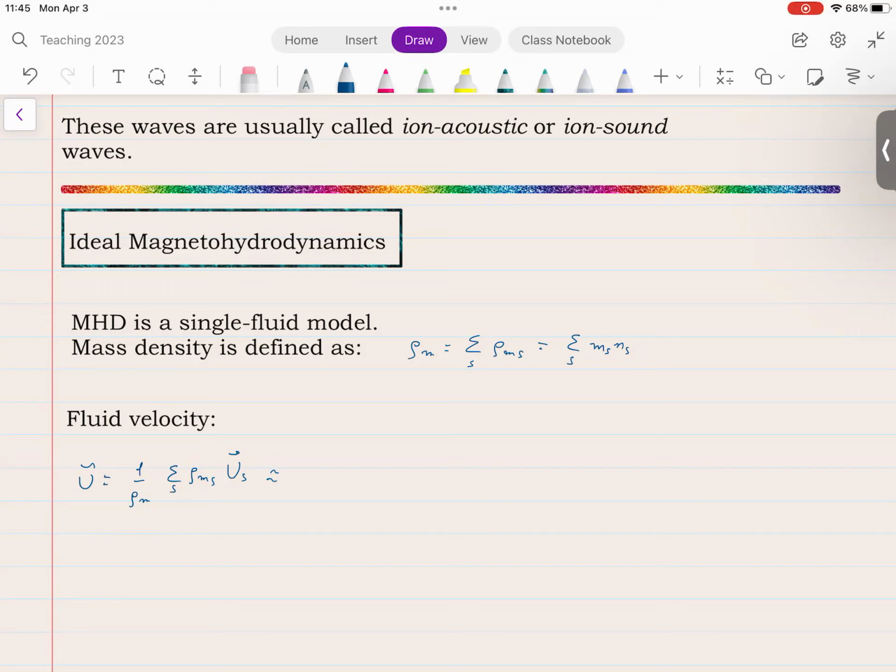And again, this is approximately the ion velocity.